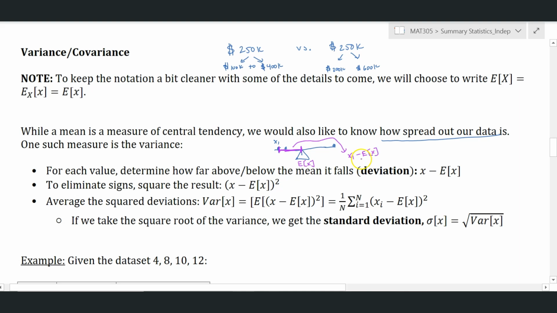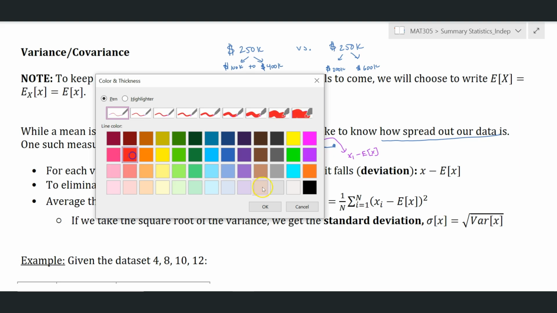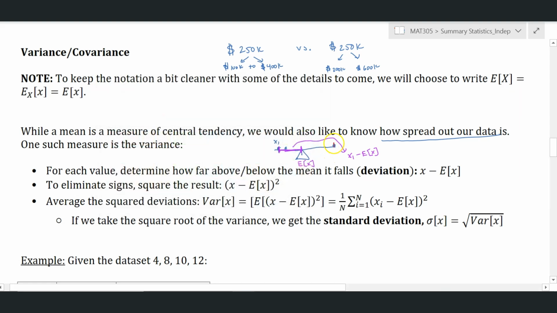Okay, so that tells us how, in this case, far below x1 is compared to the average. And this will come out to be a negative, versus another value, say up here, which let's say we call this x3. x3 will have a positive deviation, x3 minus the expected value of x, because you can see that x3 is above that mean.